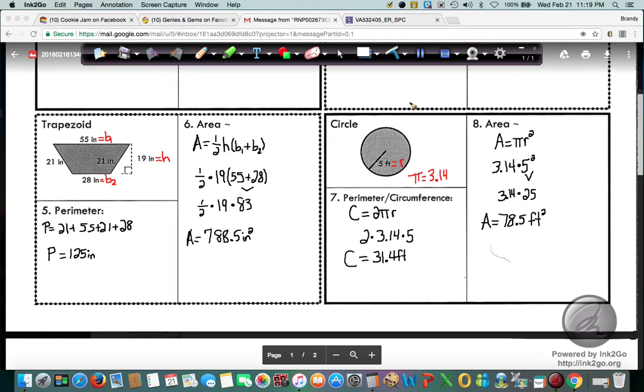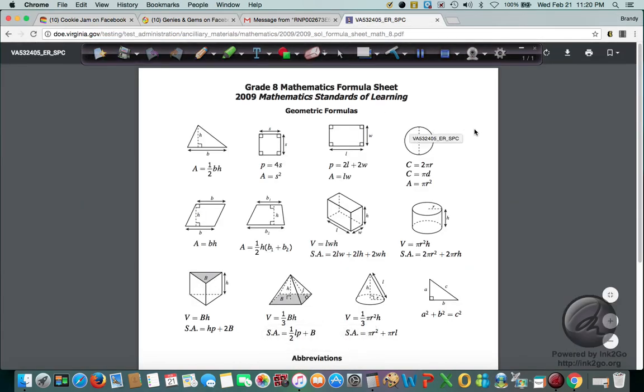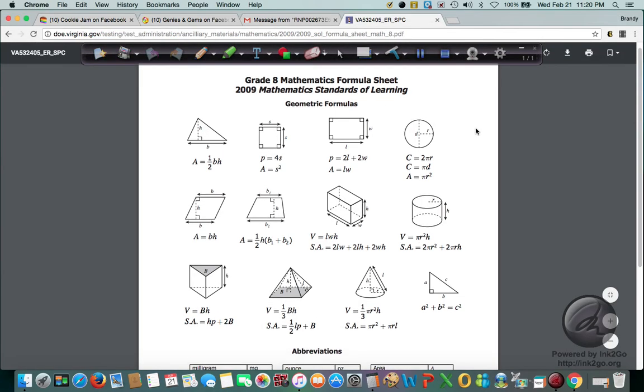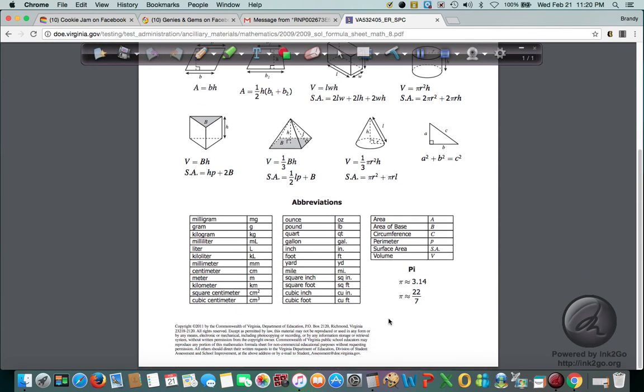There's one more thing I want to show you on the formula sheet before I let you go. I'm going to clear this out real quick, so if you need to pause the video, pause it now. Write down what you need. If you forget what pi is, at the bottom here of the formula sheet, they tell you what pi is. Pi is 3.14 or 22/7.